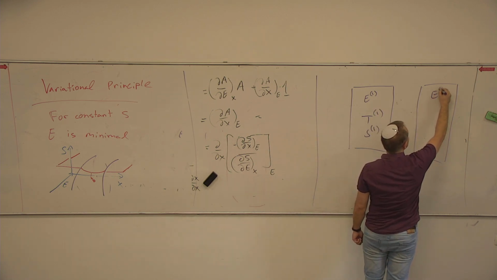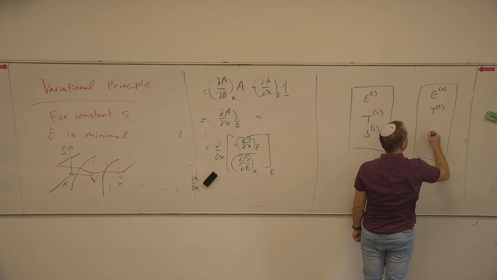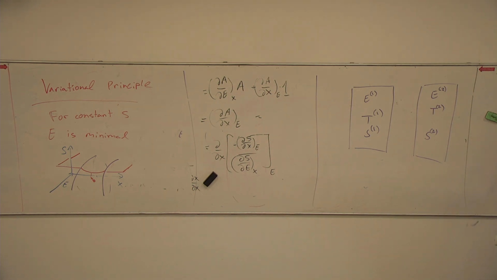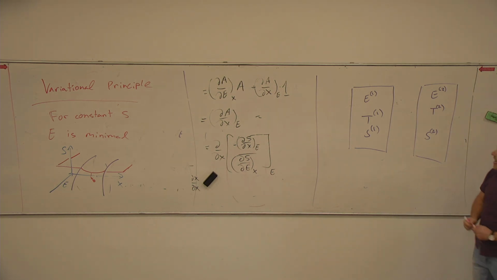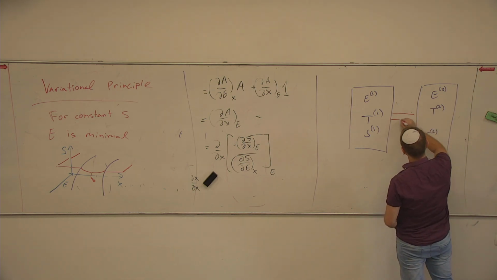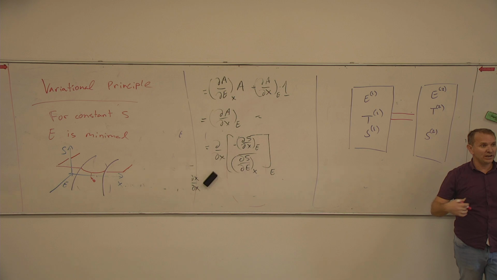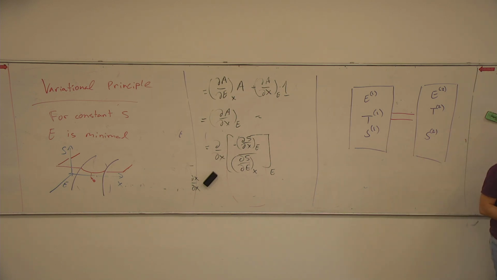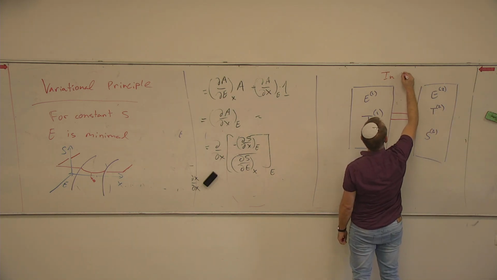The same goes here: E2, T2, and S2. Now, those energies, temperatures, and entropies are obtained after I connected those two systems. Heat was exchanged, whatever was exchanged between those two systems, and eventually those two systems are in equilibrium.